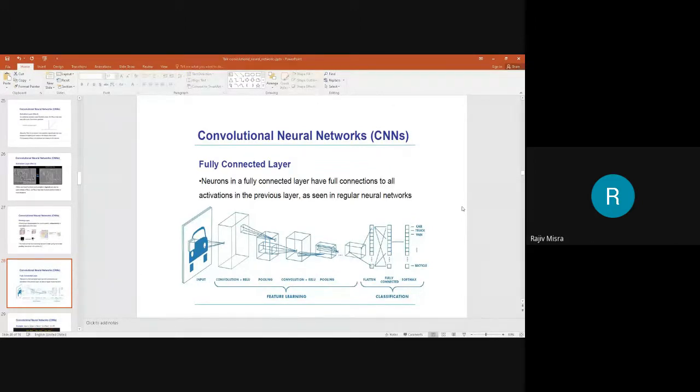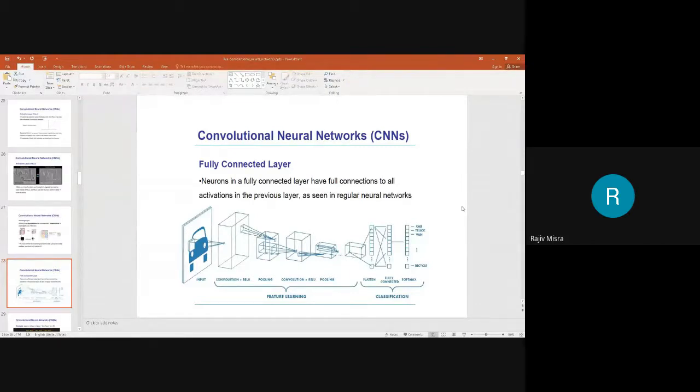After that, this particular image is flattened and given as input to the fully connected layer, and the softmax function is applied, which will classify whether it is one of the digits from 0 to 9, or from 10 different classes of images, and so on.